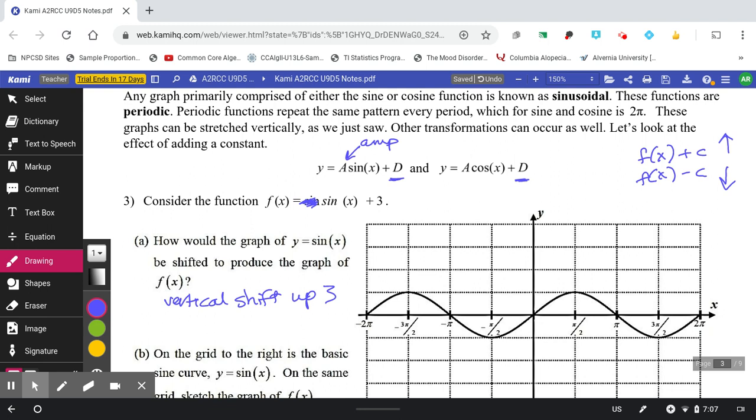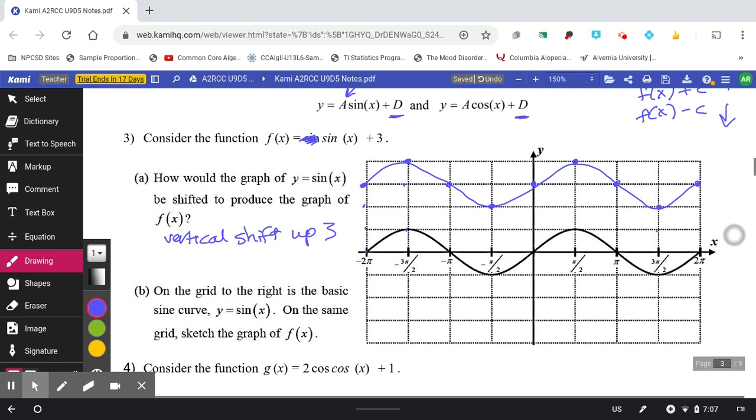So if you take every point and you go up 3, 1, 2, 3, and then here, 1, 2, 3, and you keep on going, for each of these values, and you keep on shifting all of these points up 3. You would see that same sinusoidal function, the sine function, but shifted up 3. Okay, and that's what it would look like.